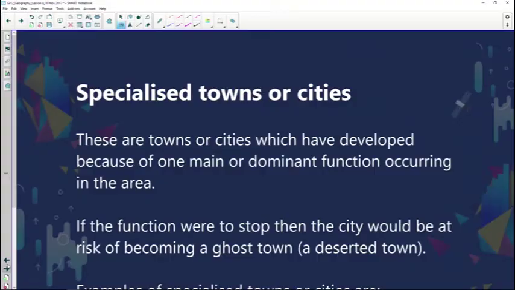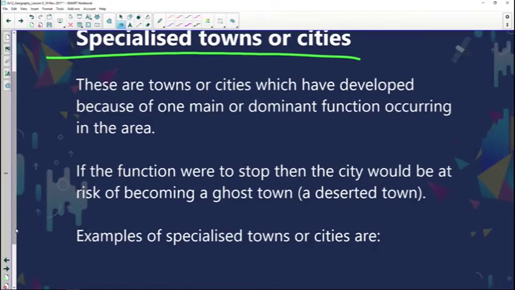Let's continue to the next slide. Our next towns that we're going to discuss are specialized towns. Specialized towns or cities have one main function. Now, these functions may change, and we have quite a few examples of this. There's a dominant function why this town exists.